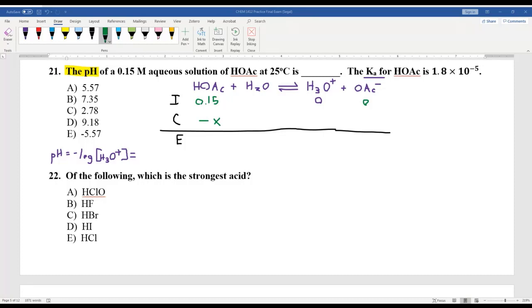Because it started at 0. Exactly. So you can't have less than 0, right? I can't have negative 5 people in a room. I can have 5 negative people in a room, but I can't have negative 5 people in a room. So this is going to be plus x. It must be plus x.